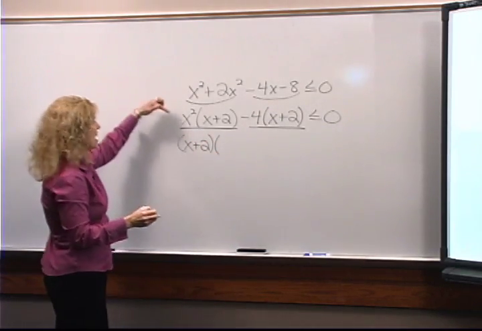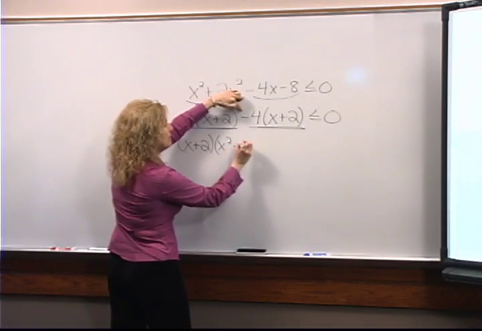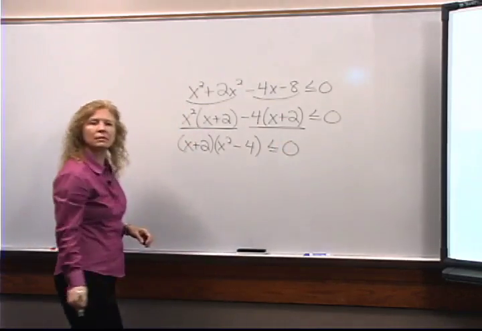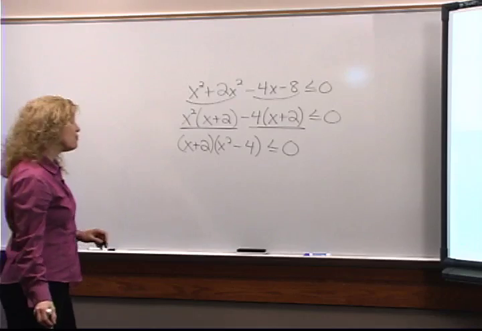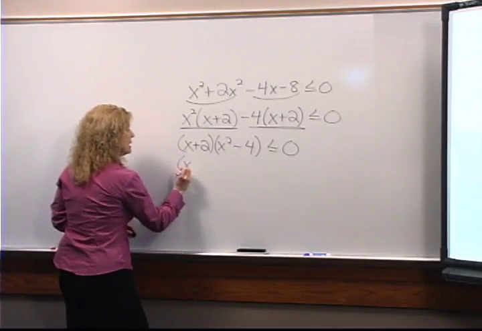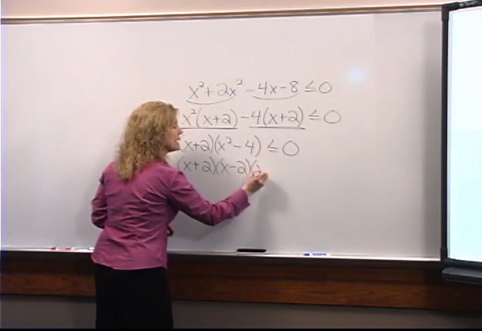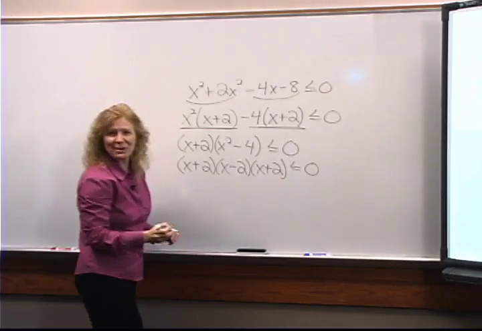The remaining factor multipliers are x squared and minus 4. And I can factor that x squared minus 4. I get x plus 2 times x minus 2 times x plus 2. Nice little difference of squares, right?